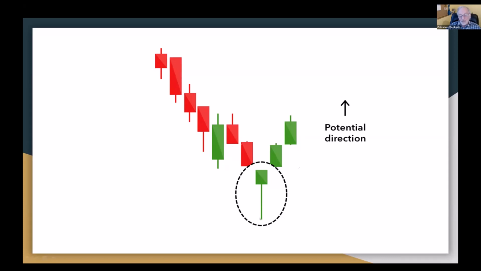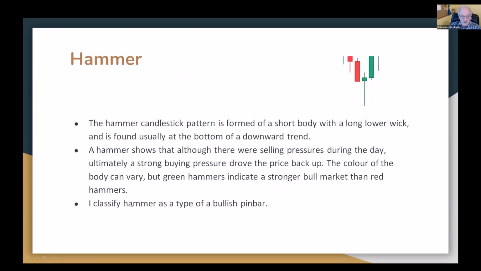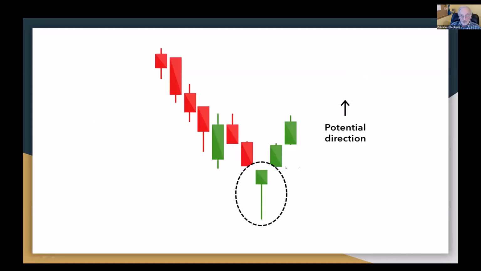They gave up because the buyers started buying and pushed the price up. And that's why it's called a bullish pin bar. So we have two names for those. Hammer is a type of bullish pin bar. Okay, so this is, I believe, one of the most important single candle patterns, a bullish hammer.